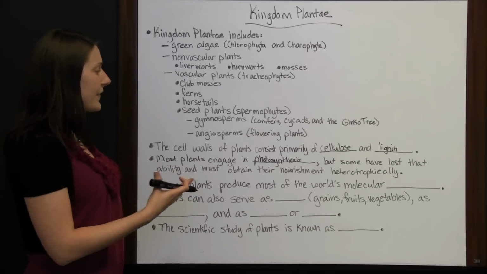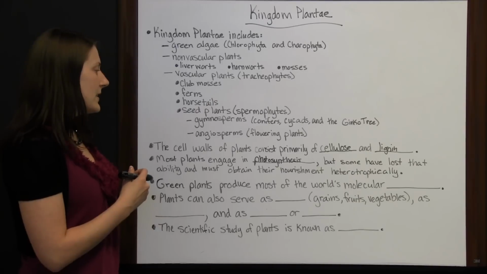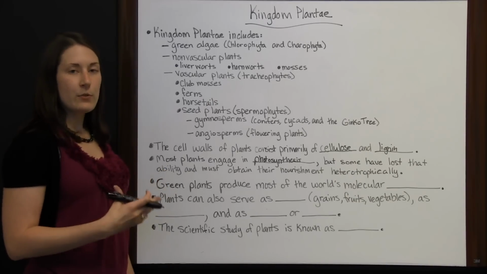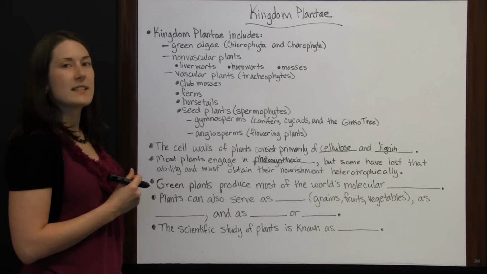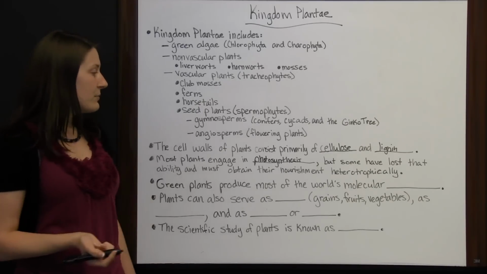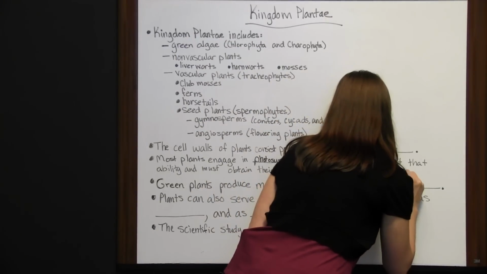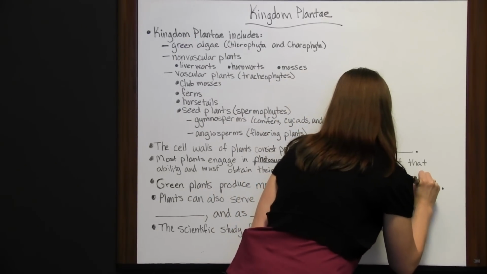So there are some plants that cannot carry out photosynthesis and must get their nourishment, their food sources, from other places. They can't make their own food. Green plants produce most of the world's molecular oxygen, and that would be done through photosynthesis.